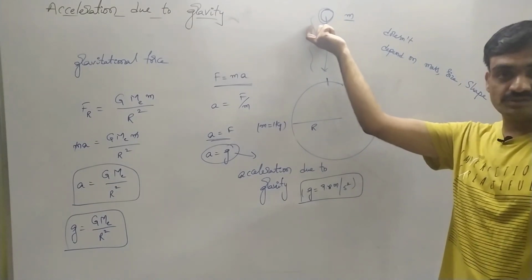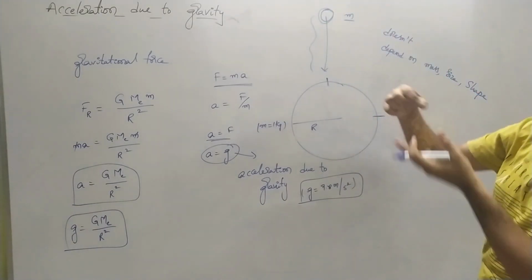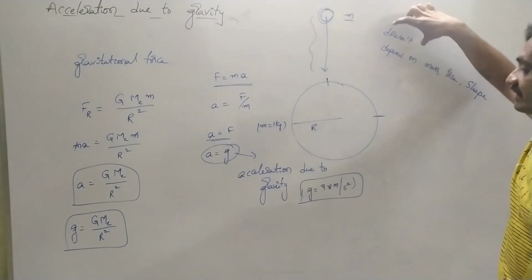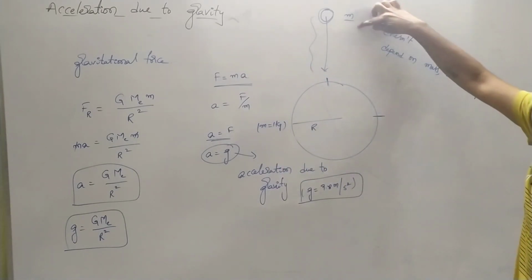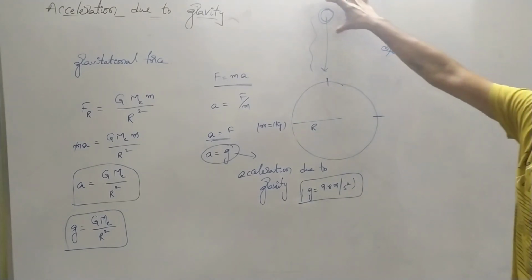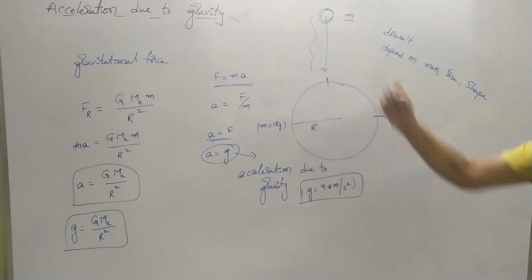Here we are going to consider a small body which is experiencing the gravitational force. This acceleration due to gravity does not depend upon the mass of this body, the size of this body, or the shape of that body.